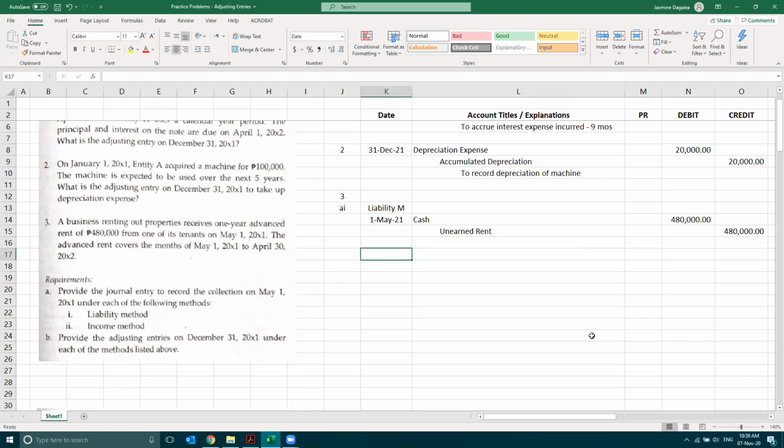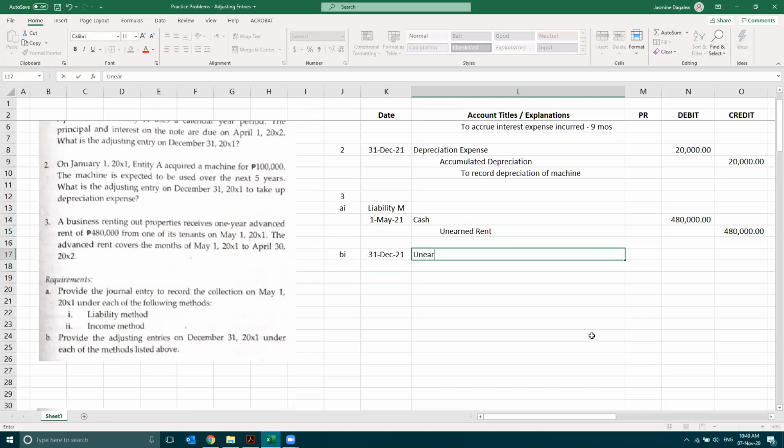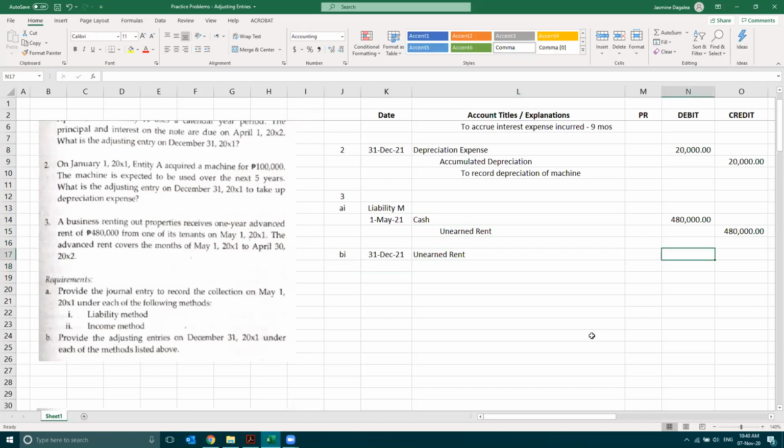And then, letter B1, provide the adjusting entry on December 31. What is your adjusting entry given this initial entry? Debit unearned rent. How much?